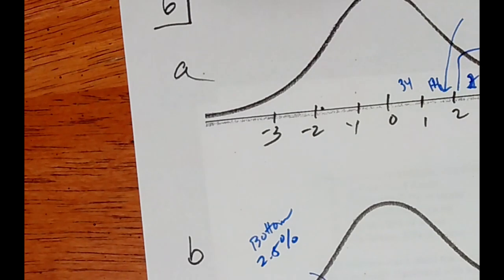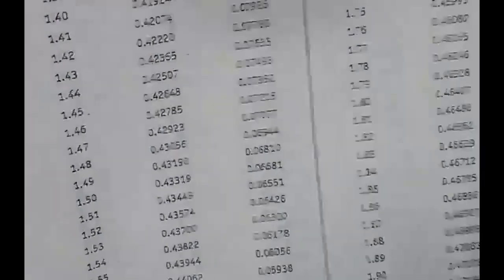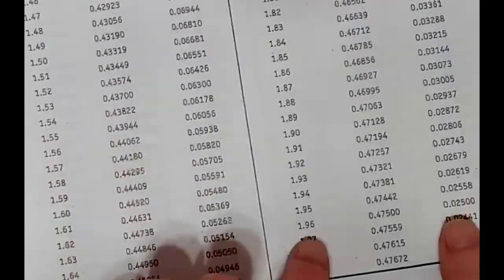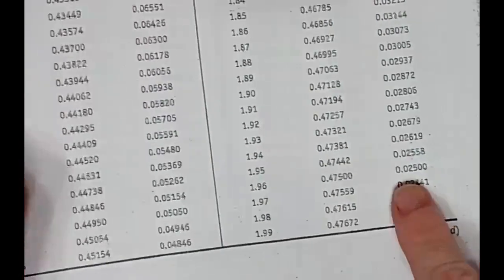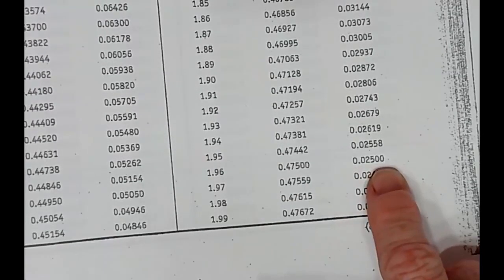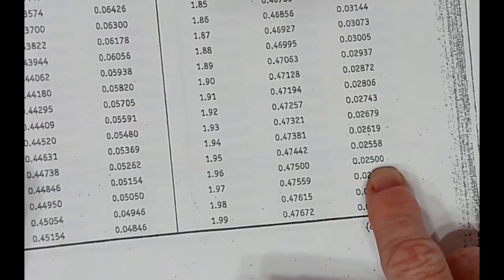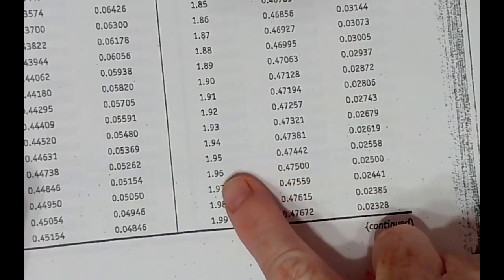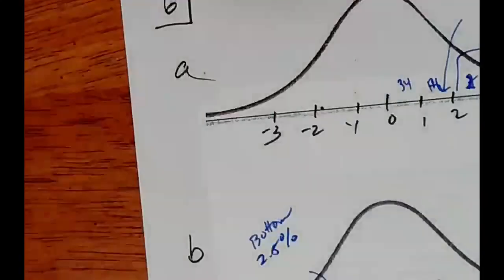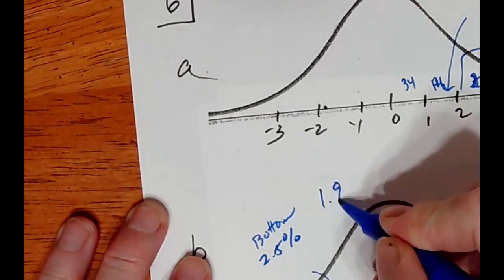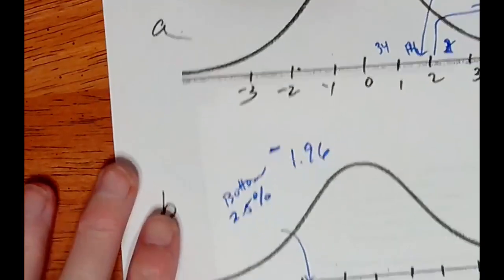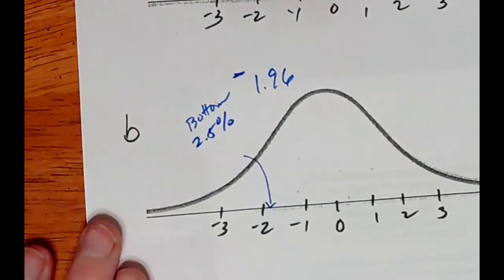So 2.5 is right here. The area beyond z is 0.0250, so 2.5%, and that's going to be 1.96. And it says the bottom, so it's negative 1.96. That's the answer to B.